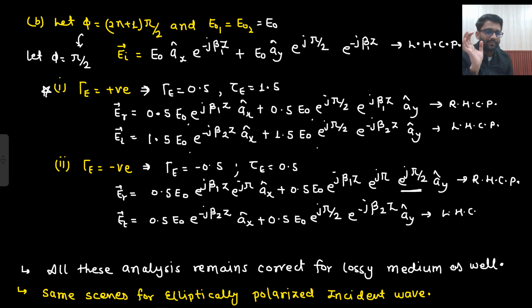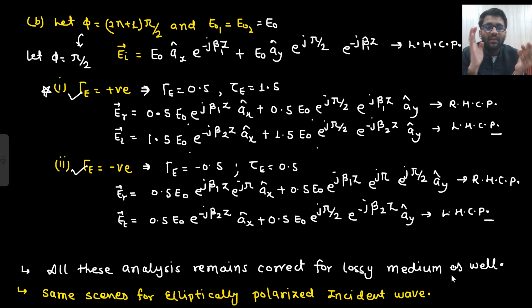In case of normal incidence, if the incident electric field is left hand circularly polarized, then the reflected electric field will be right hand circularly polarized, no matter whether your reflection coefficient is positive or negative. And certainly your transmitted electric field will be left hand circularly polarized only, whether your reflection coefficient is positive or negative. So there is no role of the reflection coefficient being positive or negative.